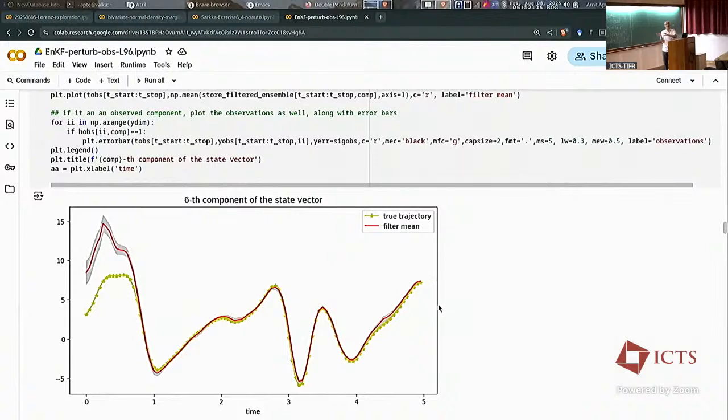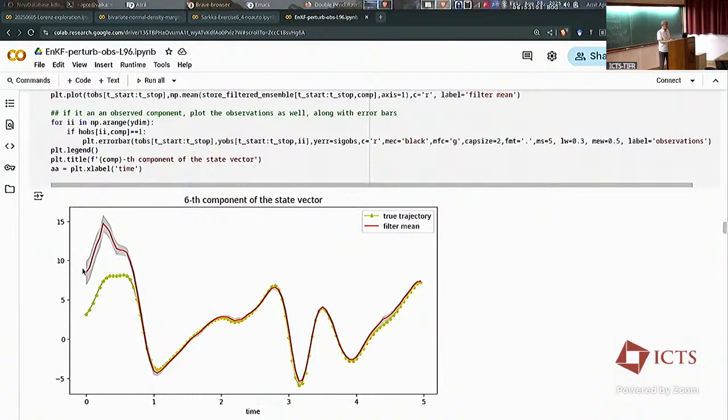I started with the initial ensemble whose mean and variance, or in this case the square root, the standard deviation, are shown by the shaded bars. So the mean and the standard deviation are shown by the shaded bars and this red line over here. So I start with an initial guess which is quite far away from the actual true trajectory. Not even anywhere near the actual trajectory.